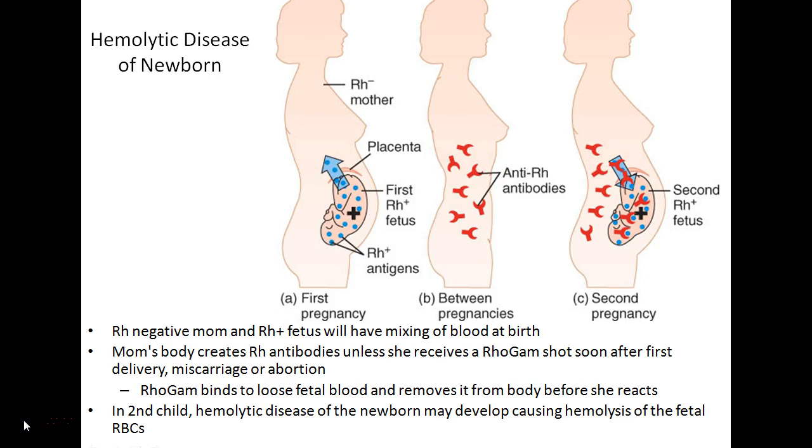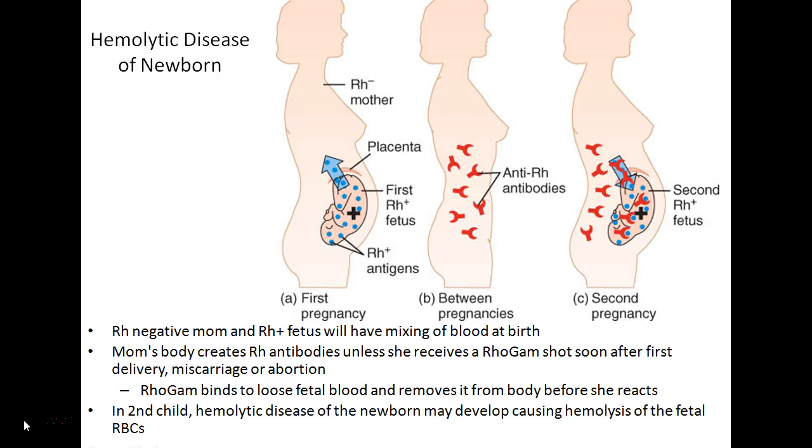Keep in mind that during pregnancy, there is constant mixing of blood between the mother and the fetus. So if the mother's blood type happens to be Rh negative and her fetus's blood happens to be Rh positive, there can be a possible medical complication.